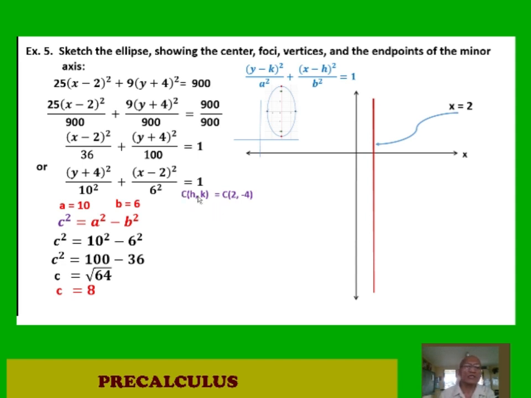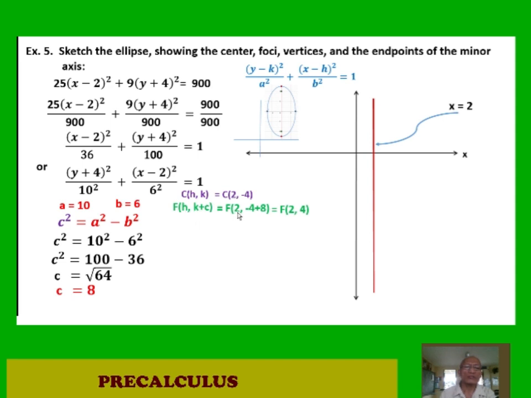So, let us identify the points: foci, vertices, and covertices. The center is (h, k), so h is 2, k is negative 4. So our center is (2, negative 4). The focus, (h, k plus c).